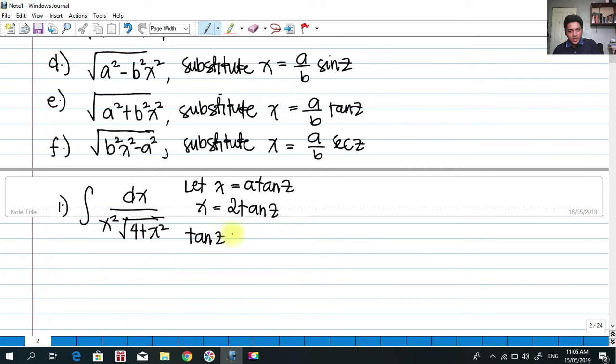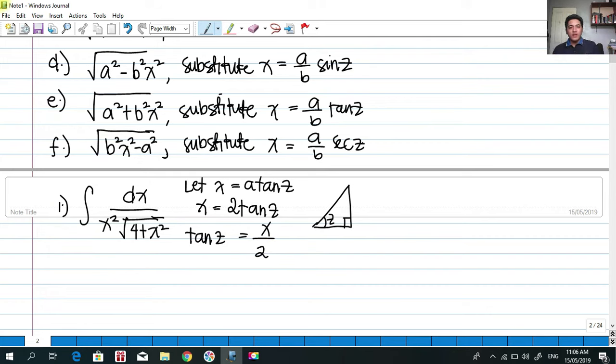Okay, we can isolate tangent z, and that is basically x over 2. And if we're going to create a small right triangle here, wherein this is the hypotenuse and this is an angle, we call that by convention the angle z. Okay, so from this relationship, tangent z is equal to x over 2.